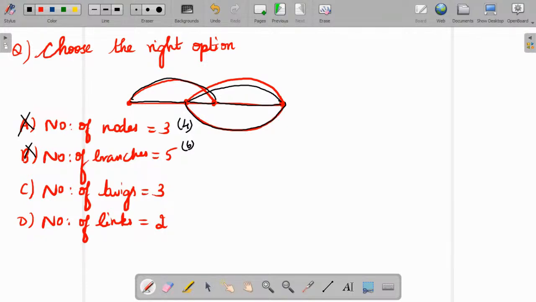If you are taking any tree, that is, one where no loop is formed, the number of twigs will be equal to the number of nodes minus 1. Generally, number of twigs is equal to number of nodes minus 1. So the actual number of nodes is 4, so 4 minus 1 equals 3. So option C is the right answer.